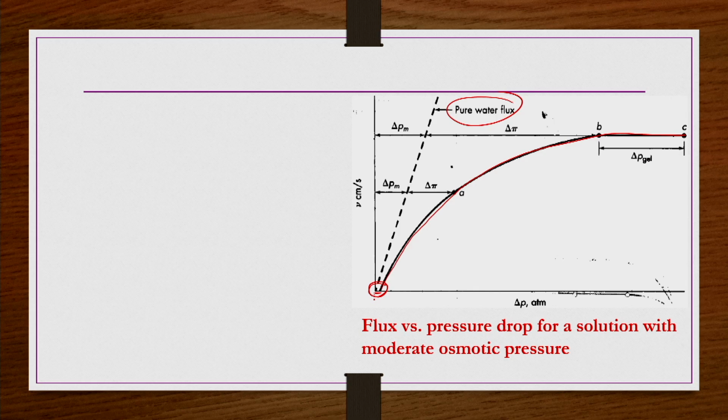That delta P is nothing but the osmotic pressure, which has to be overcome, and only then will the permeate start coming through the membrane. Until and unless the pressure crosses that osmotic pressure, the separation will not take place. This is the reason it is not passing through the origin.